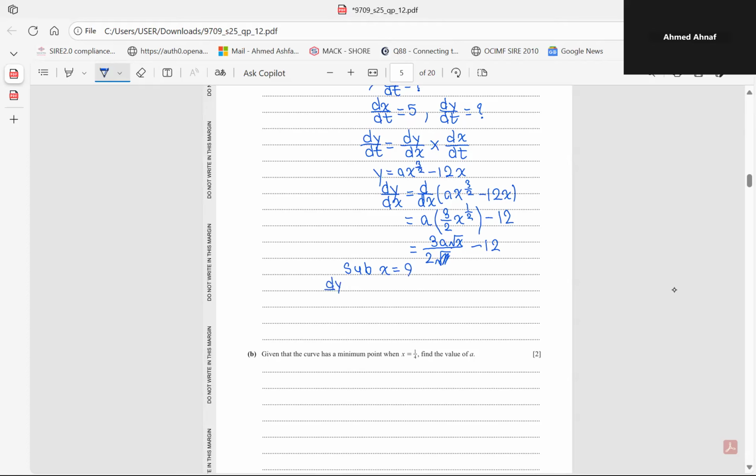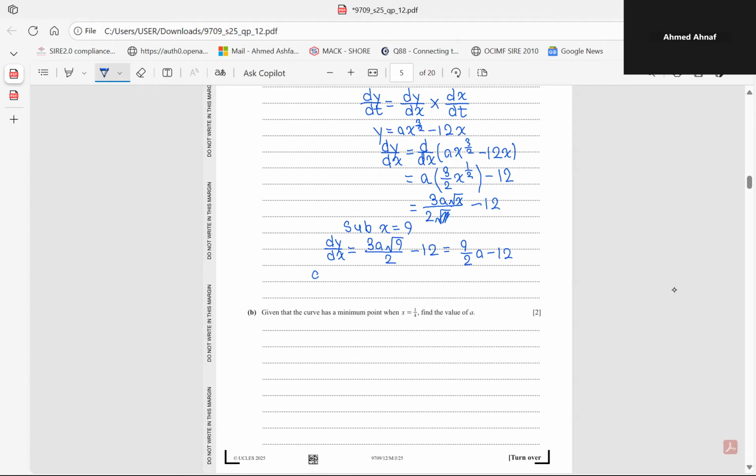So dy/dx will be equal to 3 times k times square root of 9 over 2, minus 12. So 3 times square root of 9, that is just 3 times 3, which is 9. So 9k over 2 minus 12.